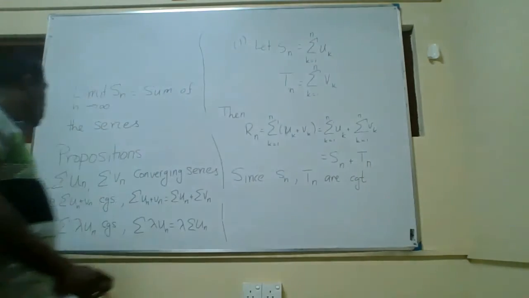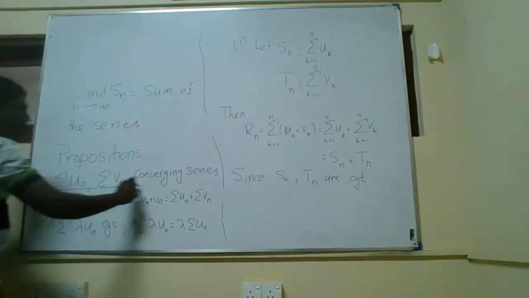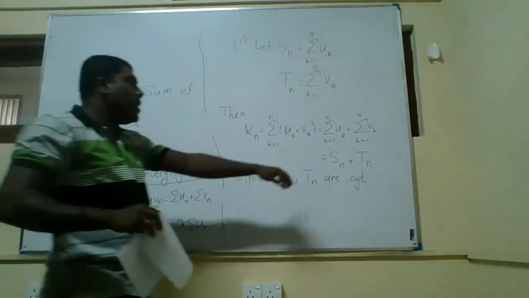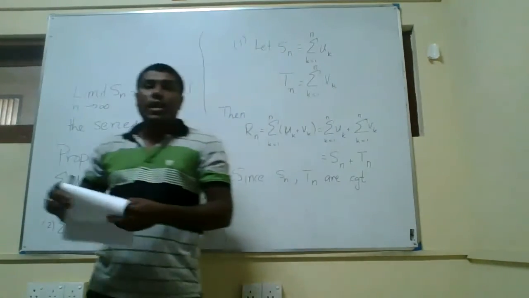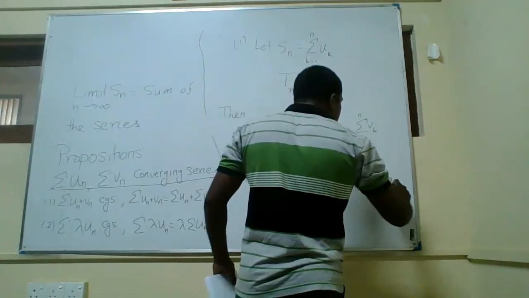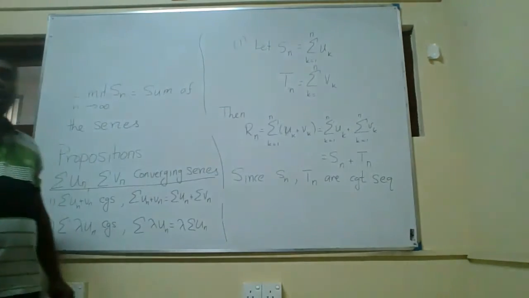Right, because you know these two are converging series. Summation of u and summation of d are converging series. So clearly Sn and Tn are convergent sequences, right? So you know that.